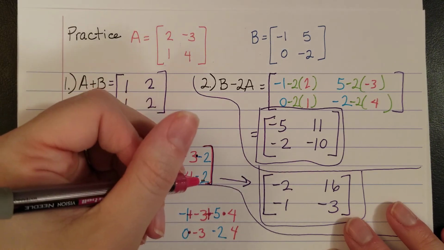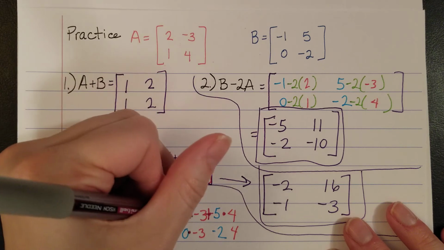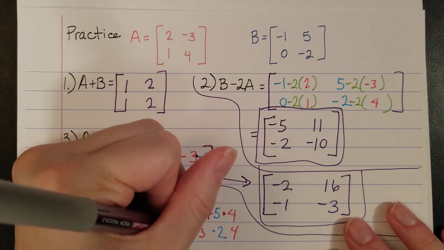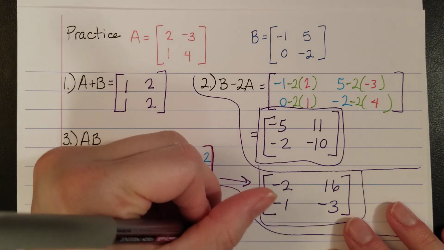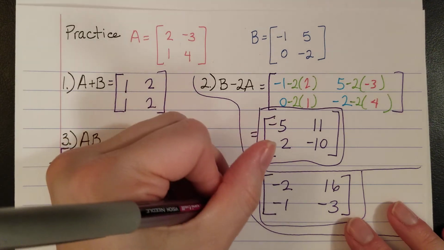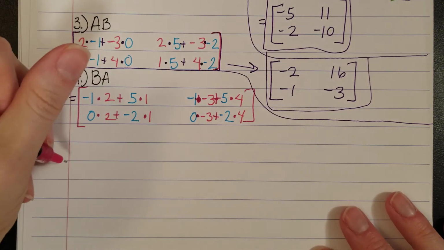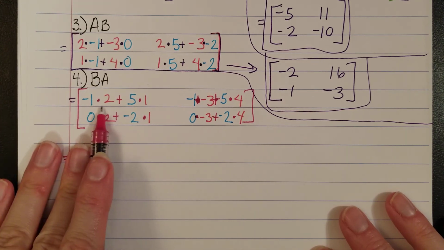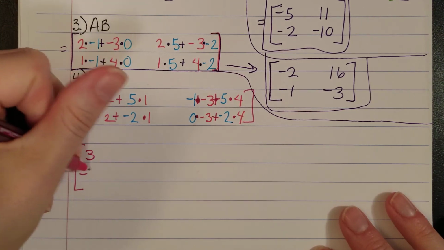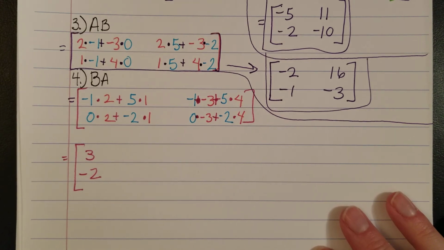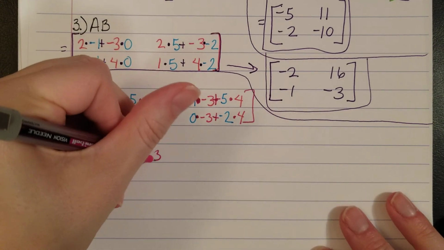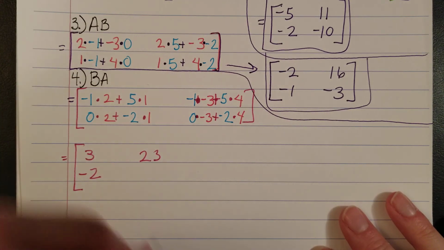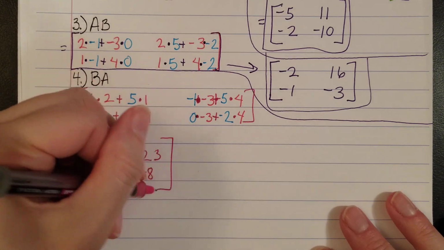So that's going to be 3, negative 2, 23, negative 8.